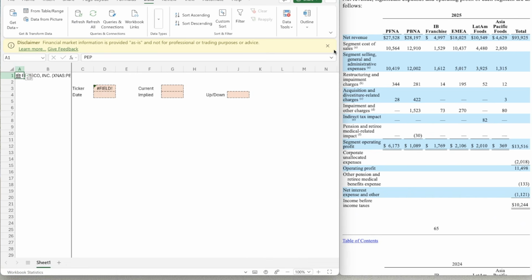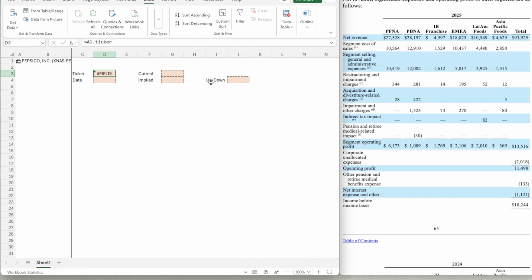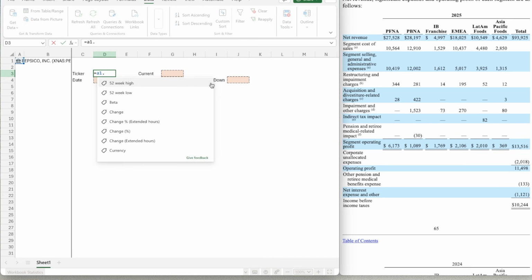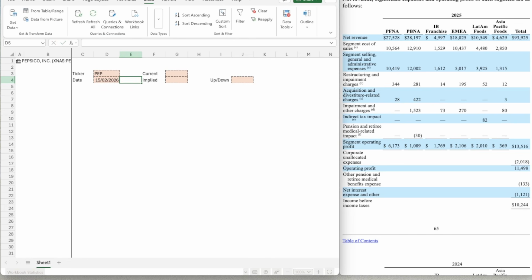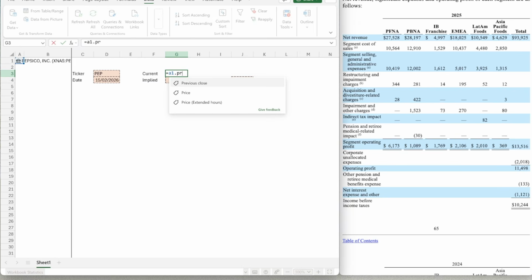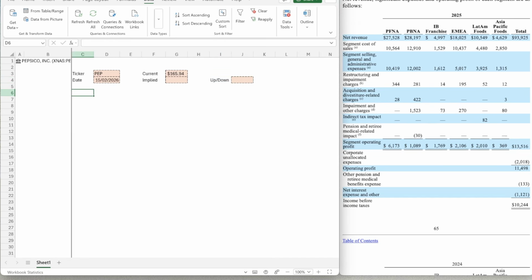It's this one on the NASDAQ. The date today is the 15th of February, 26. The current price equals A1 dot price. The implied price, we can leave for now.